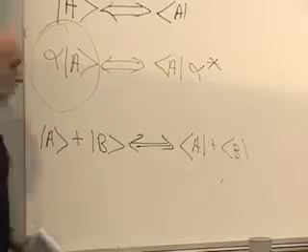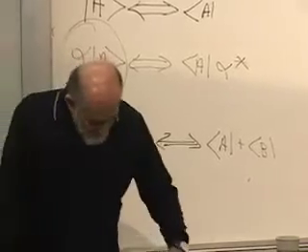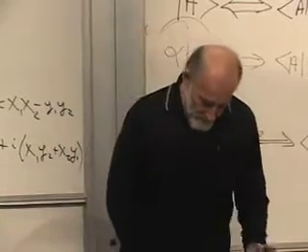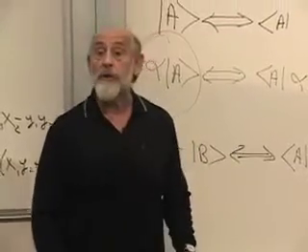That's a lot of information, and it pretty much allows you to reconstruct the dual vector space. As I said, for example, the dual vector space to the space of functions.